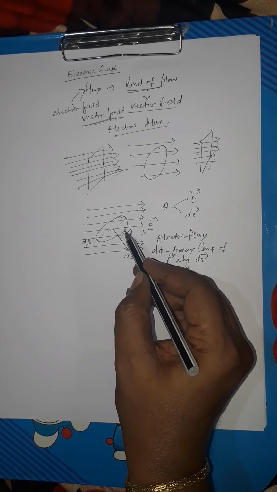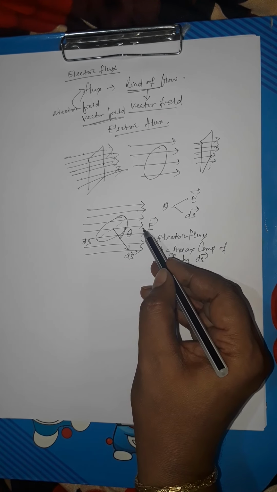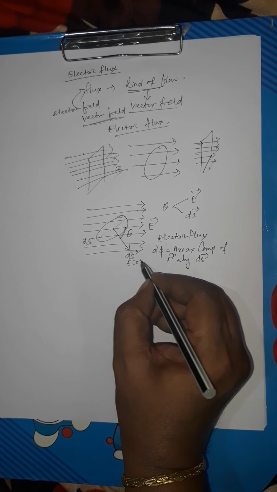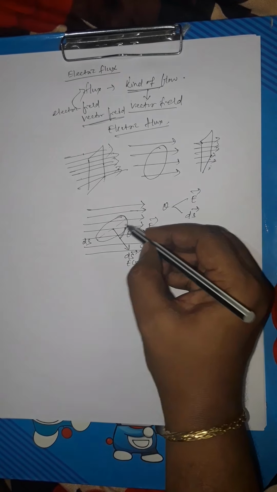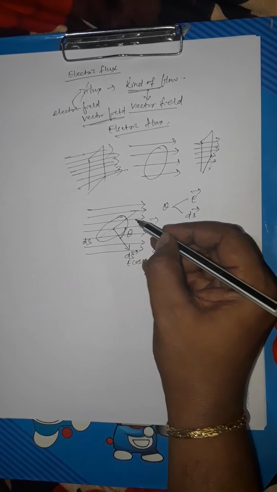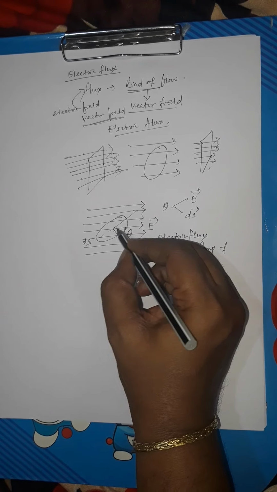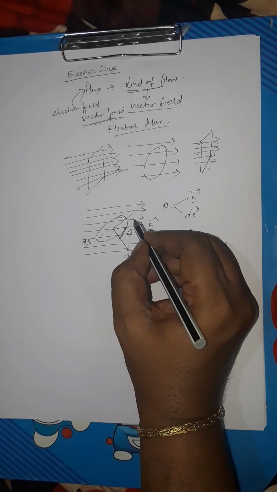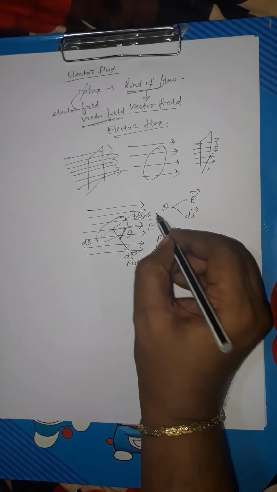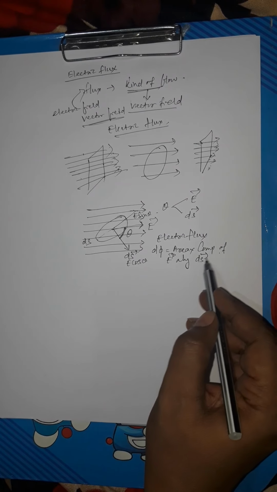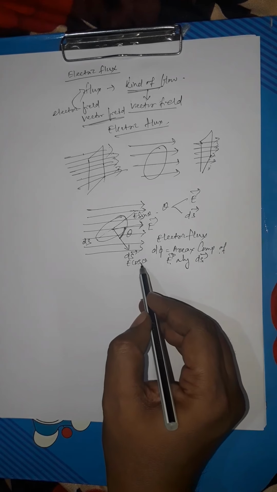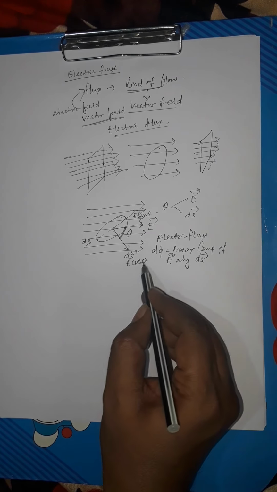Let us resolve this E vector into two components. Along the ds vector we have E cos theta, and perpendicular to it we have E sin theta. The component of E vector along ds vector is E cos theta.